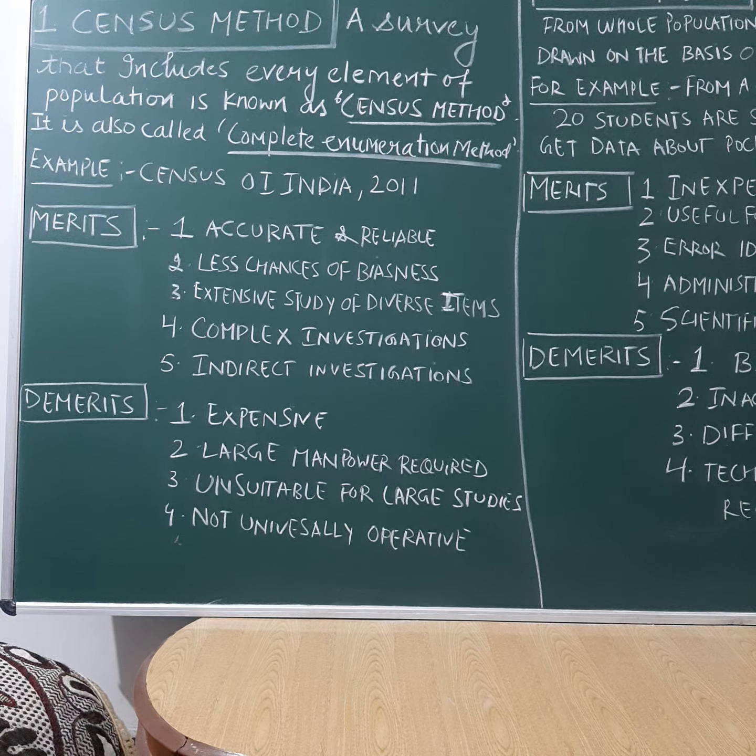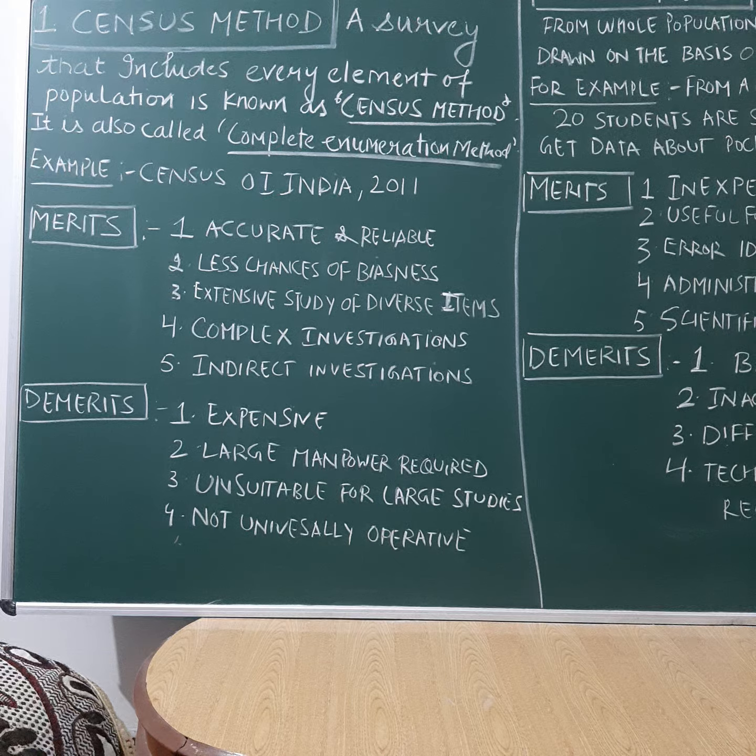Rather, I will choose any 20, 25 or 30 students out of the 100 who, in my opinion, are good to collect data from. I will select 20 or 25 students to get the data for pocket money, and the results I get from these 25 students I will apply to the other 80 or 75 students also. That is the sampling method.